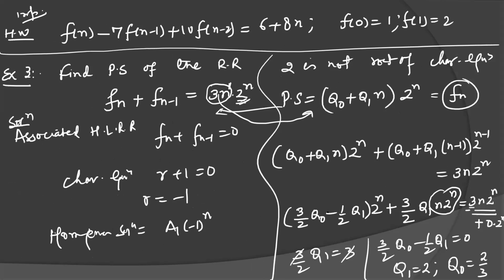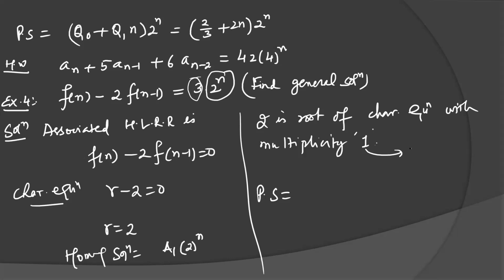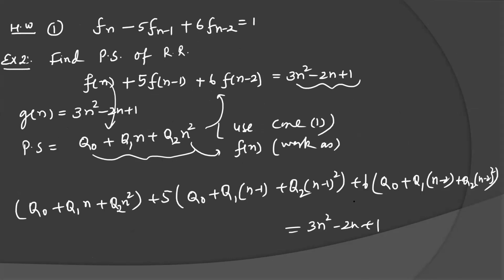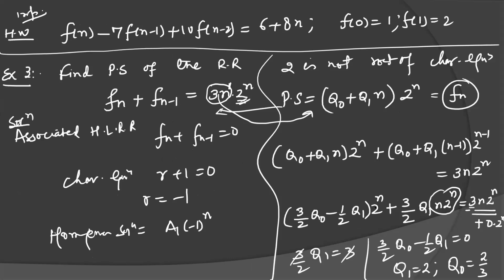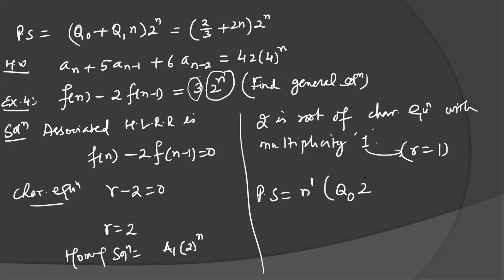So write in this form only. R is 1 here because it is repeated one time. So n to the power 1, q naught. Next term was a to the power n, meaning the same term, 2 to the power n. So q naught n into 2 to the power n will be the particular solution for this problem. Now put this solution; it will play the role of an, the first term an.